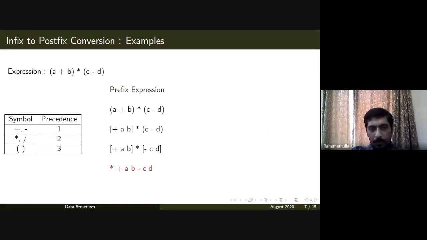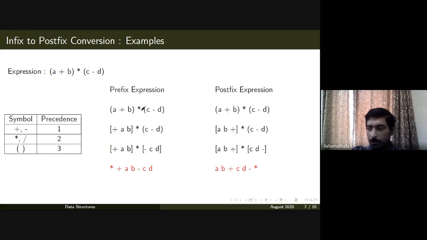Now an expression with round brackets within it. So you know that the part of the expression which is written within the parenthesis needs to be done first. So A plus B star C minus D. So you understood that A plus B needs to be done first, then C minus D, then the multiplication operation.